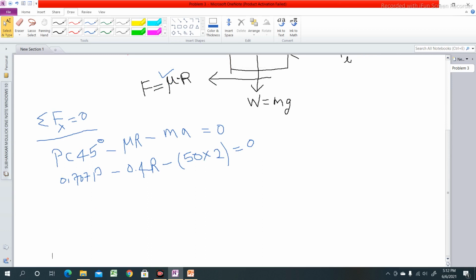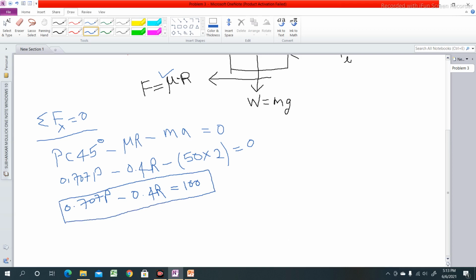We will get 0.707 times P minus 0.4 R minus 50 into 2, which is 100, and if you take it on the right hand side, it will be equal to 100. So this is your equation number 1.